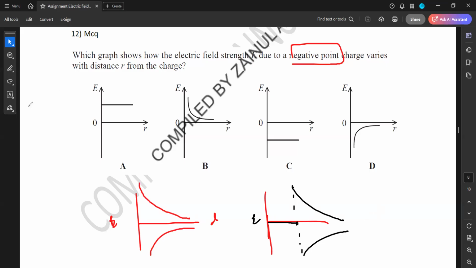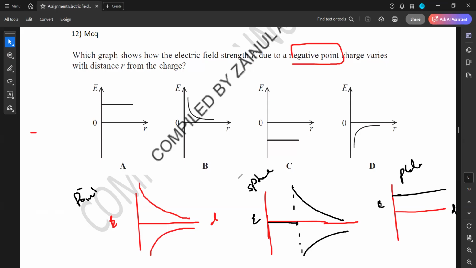And the last one was like this. So this is for a point charge. This is for a sphere, the charged sphere. And this is for the plates, the parallel plates.